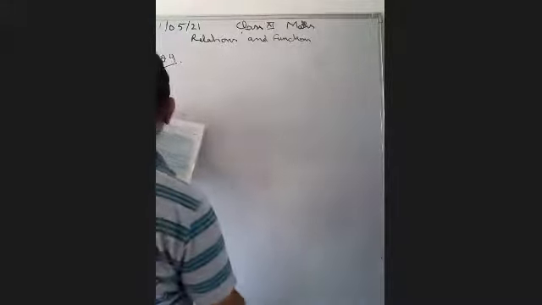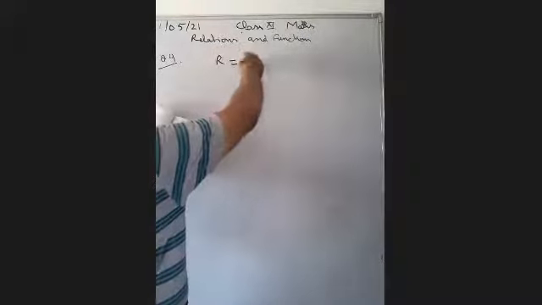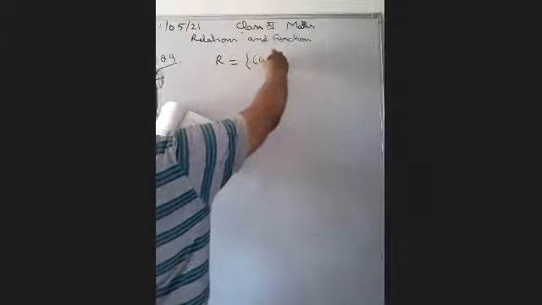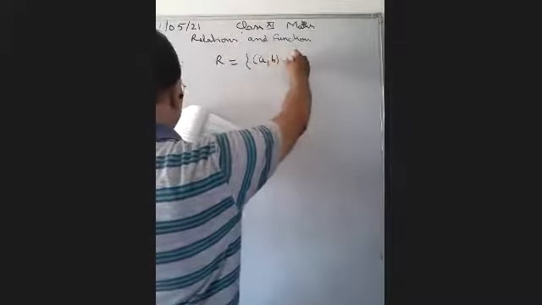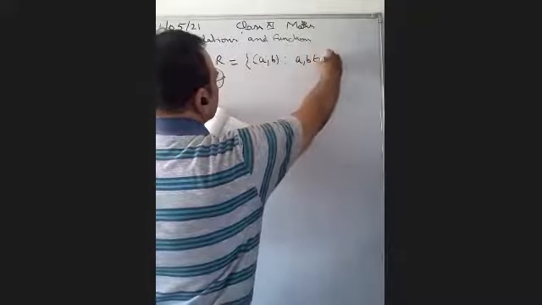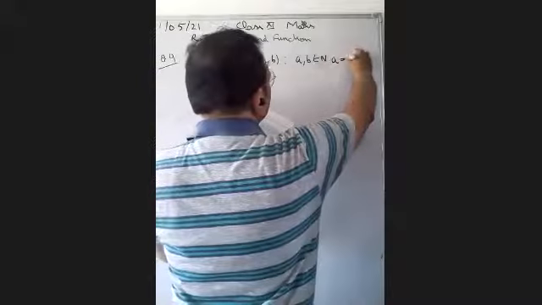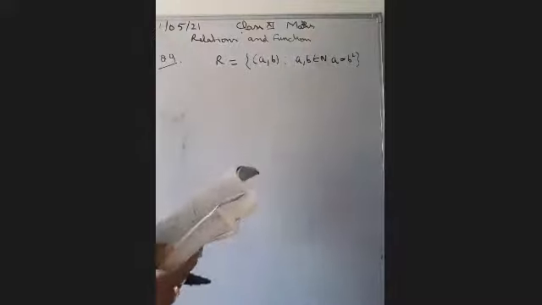They have given the relation R, AB such that AB belongs to natural number and A equal to B square. Are the following true?